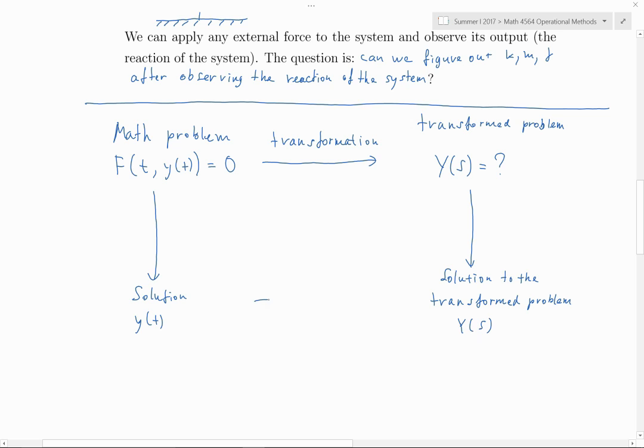And the last thing we need to do is to transform back the function y of s into the solution y of t. So we need to apply the inverse transformation.